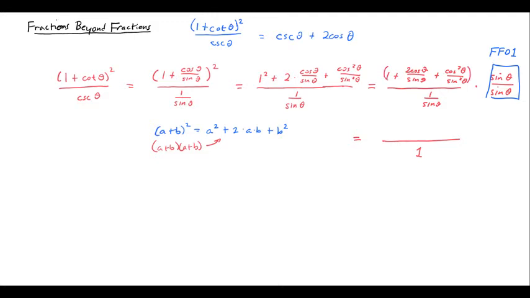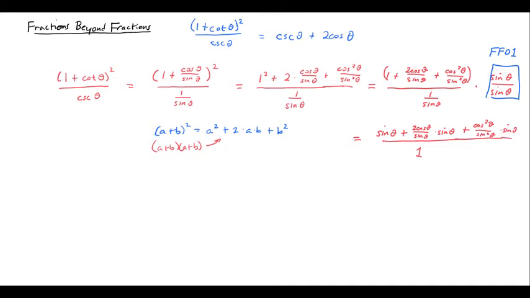So I'm going to distribute the sine of theta through and get sine of theta plus 2 cosine theta over sine theta times sine of theta. You might have already simplified that, but I'm going to leave it be for just a minute. Plus cosine squared theta over sine squared theta times sine of theta.